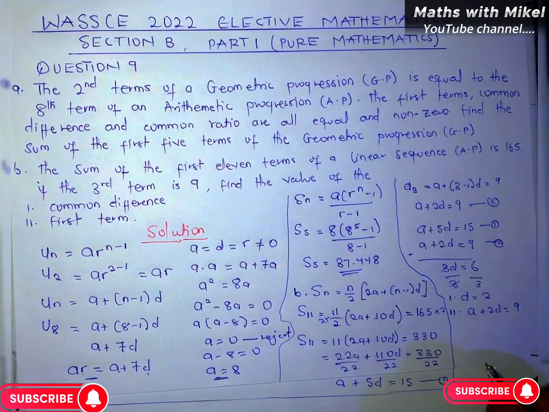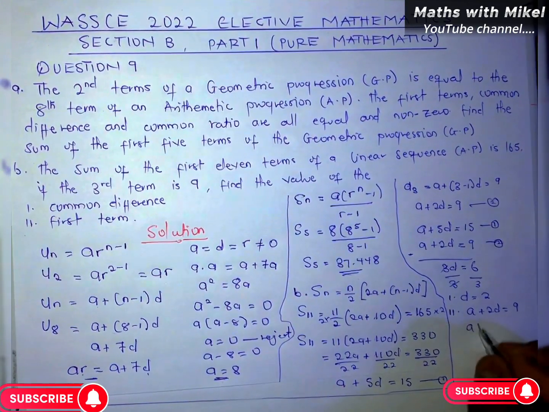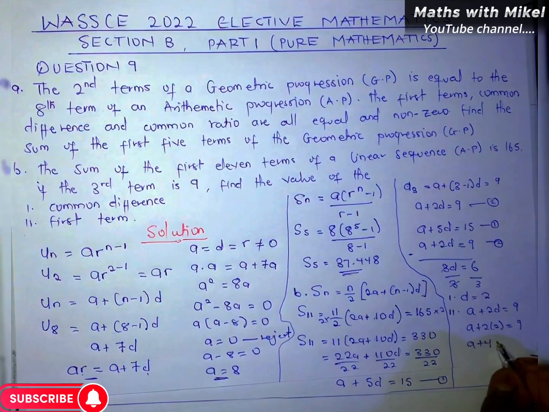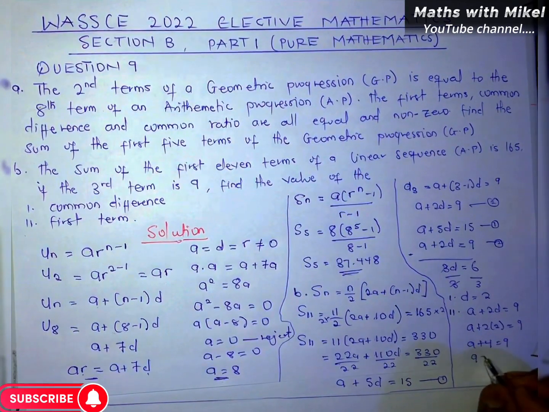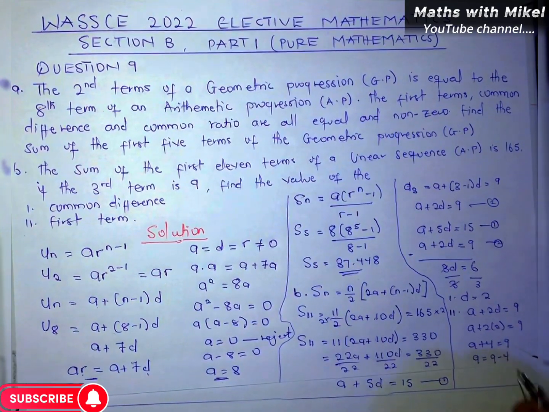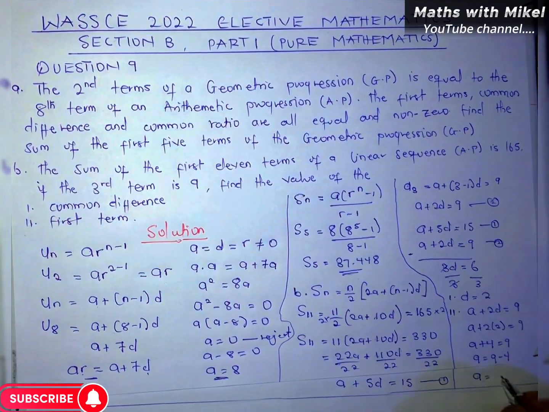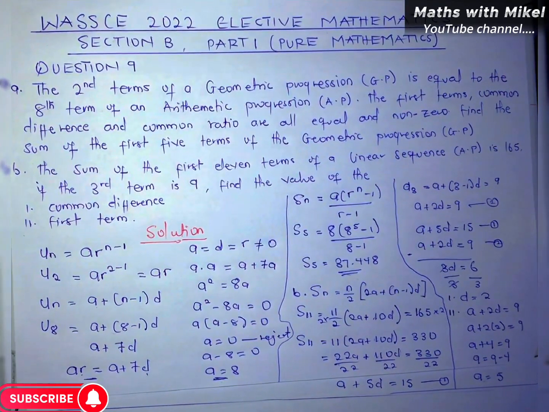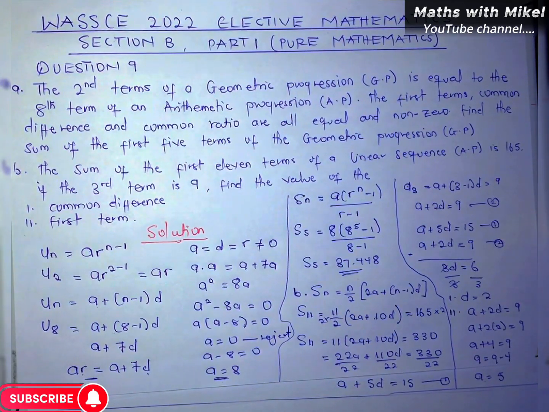I know d to be 2, so a plus 2 into bracket 2 is equal to 9. A plus 4 is equal to 9, and a will be equal to 9 minus 4. A, which is the first term, is equal to 5. And this is the solution for question 9.